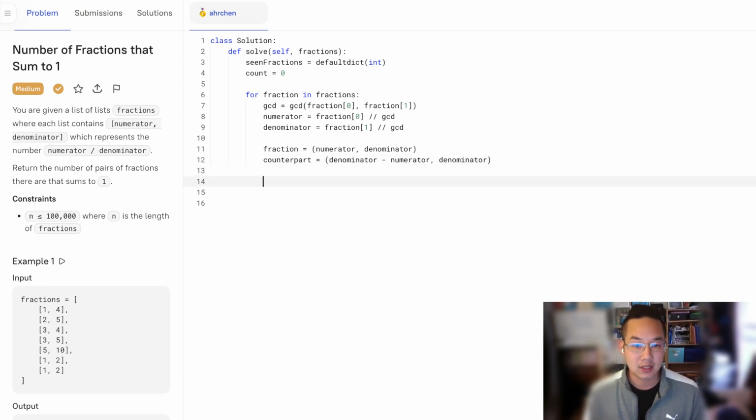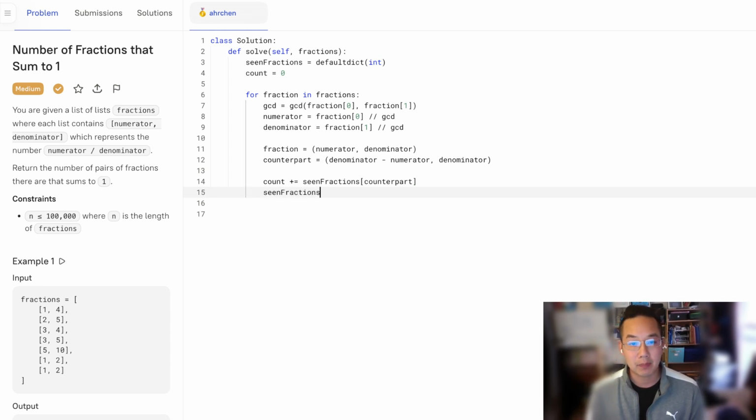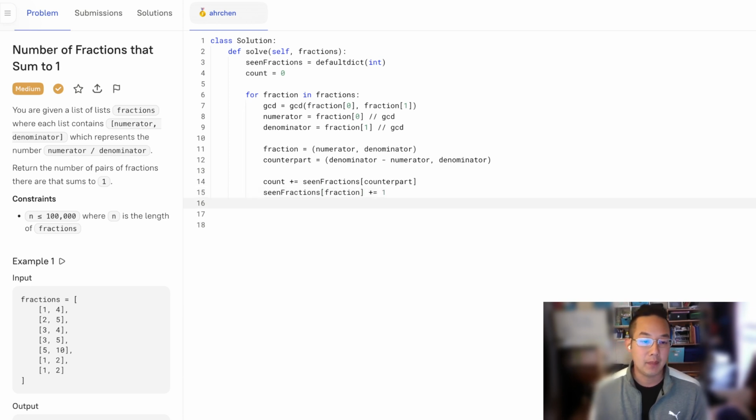So that means we're going to set the count first of seen fractions of the counterpart. So you use the default dictionary, so we don't have to check if it's in there or not. I know it's a little faster if we do check, but we'll do this first. And seen fractions of the fraction is going to plus equals 1. With that, we can return the count and we have our answer.